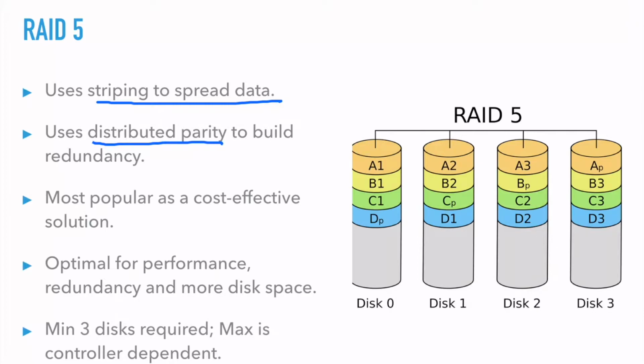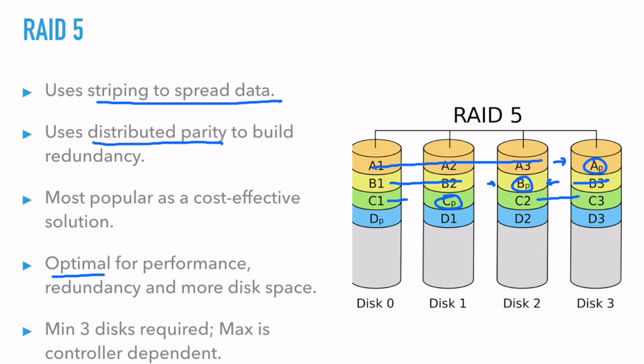So if you look at the picture, the horizontal blocks A1, A2, A3 are picked up to generate the parity bit on the fourth disk. The second row, horizontal blocks B1, B2, and B3 are picked up to generate the parity bit on the third disk. Similarly, for the third row, C1, C2, and C3 are picked up to generate the parity bit on the second disk, and so on and so forth.